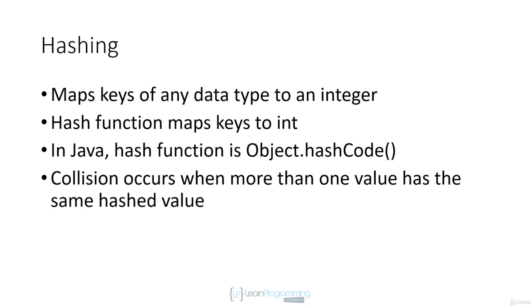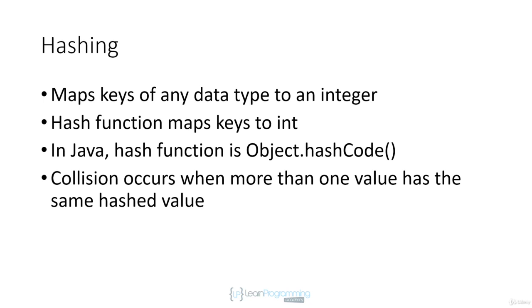And this is a process known as hashing. And so hashing maps keys of any data type to an integer. And so essentially, a hash function maps keys to int. Now in Java, the hash function is hash code, and the object class has a hash code method. And so every object in the JDK has this hash code method. Of course, you can override it, and it is often overridden.